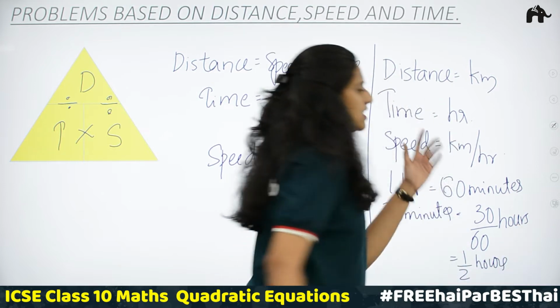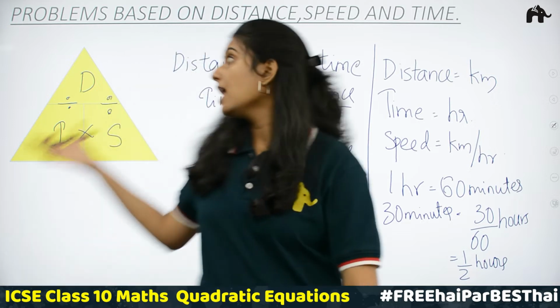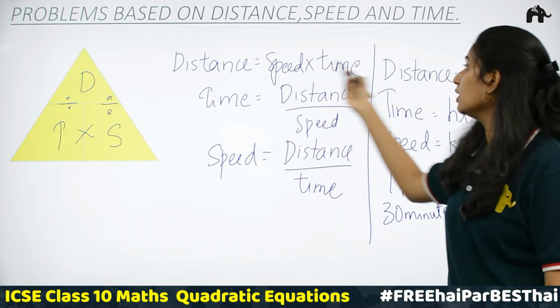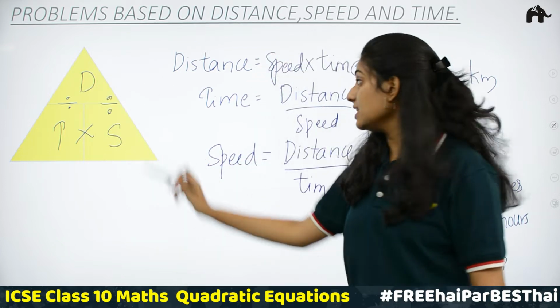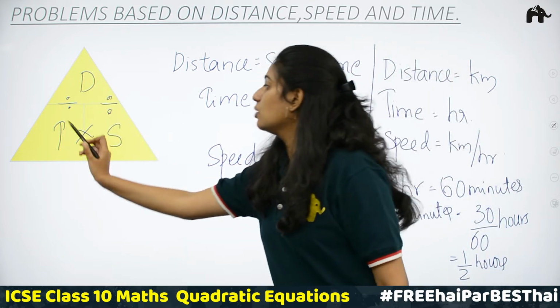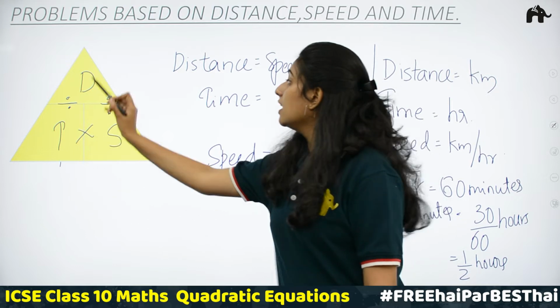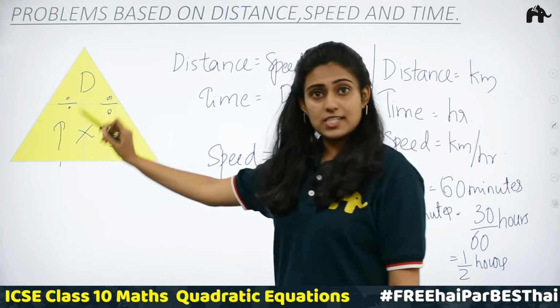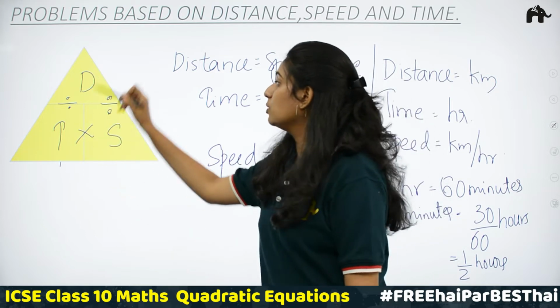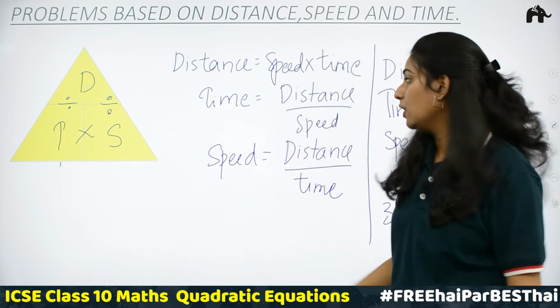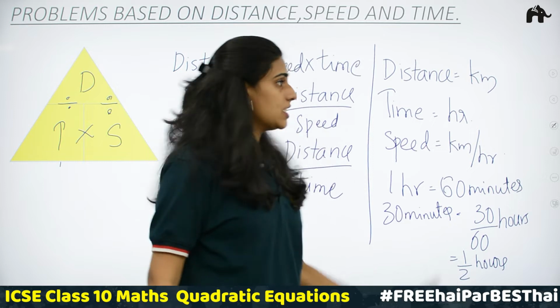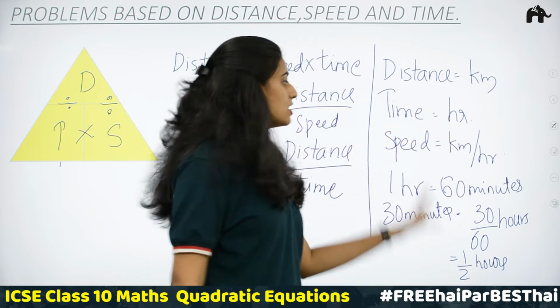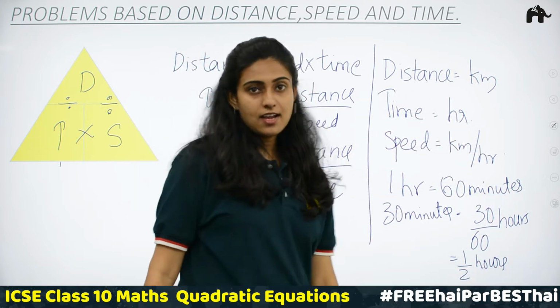These basic things you need to know. First is the main relation, that is distance is equal to speed into time. You can remember this when you study this triangle. Distance is equal to speed into time. Speed is equal to distance by time. Time is equal to distance divided by speed. Then the units. If distance is given in kilometer and time is given in hour, speed should be in kilometer per hour.